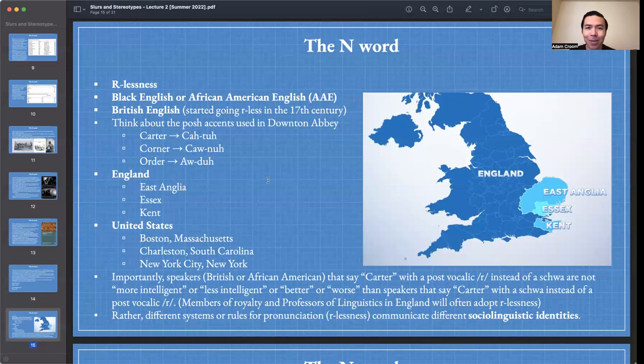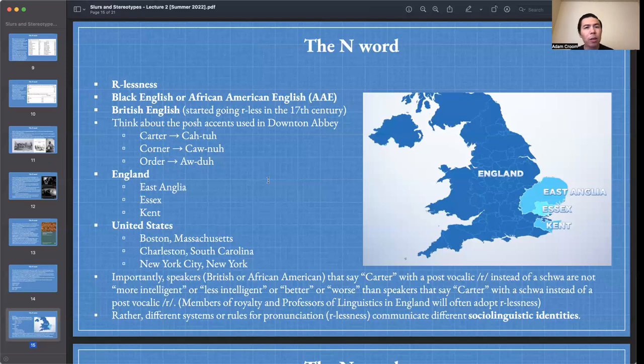And it can't be because they're lower class, because the upper class use it. And it can't be because they're unintelligent, because professors of linguistics, right, adopt R-lessness as well. Okay, because this is part of the speech in their linguistic communities. Okay, it has nothing to do with whether you're smart or not.